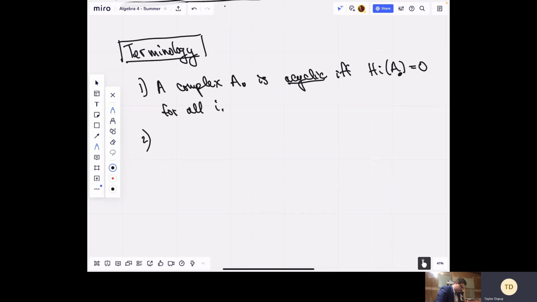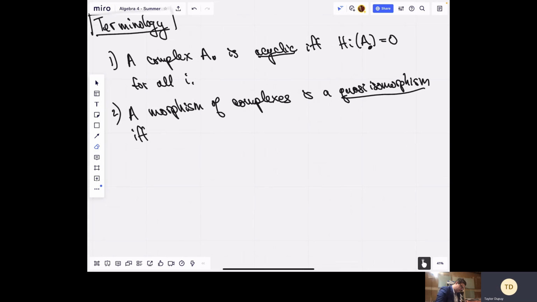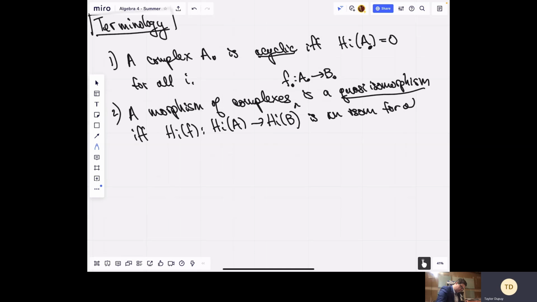Okay, so a morphism of complexes, so a chain map, is a quasi-isomorphism if and only if, so let's write down the morphism f bullet from A bullet to B bullet, if and only if for each i the induced map H_i(f) from H_i(A) to H_i(B) is an isomorphism for all i.